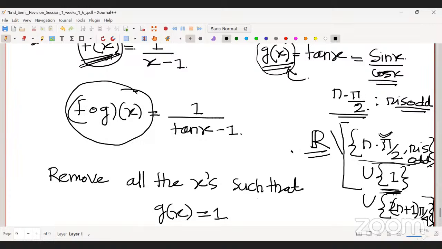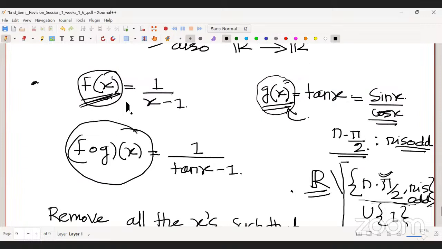Yeah, but it depends on how the lecturer or professor is defining this. If you see the lectures of Nilesh sir, he has defined all these things, and he is also excluding all the points which are not in the domain of f.